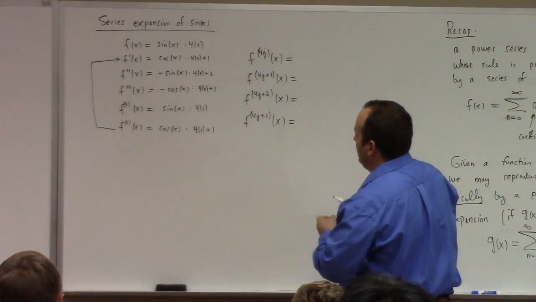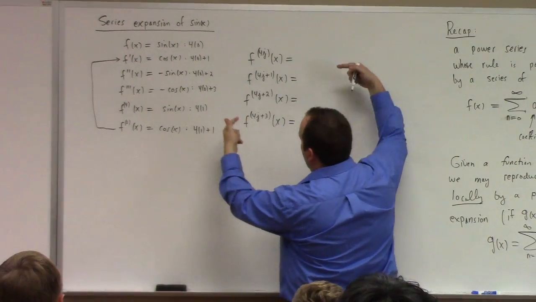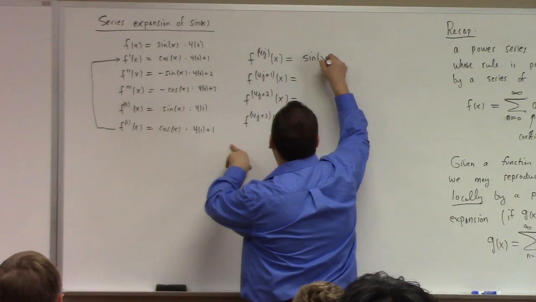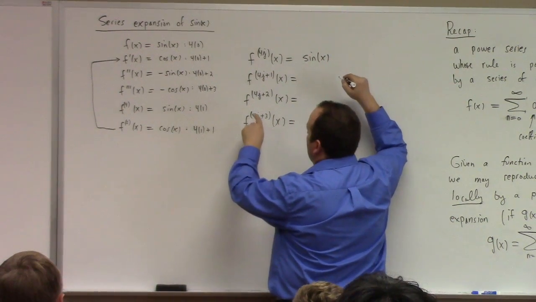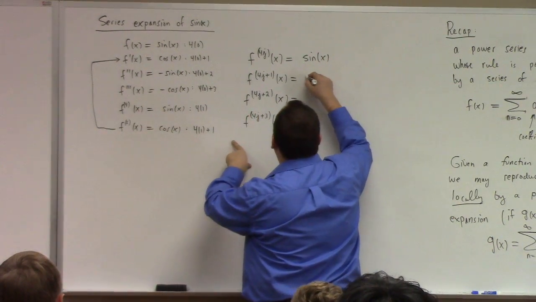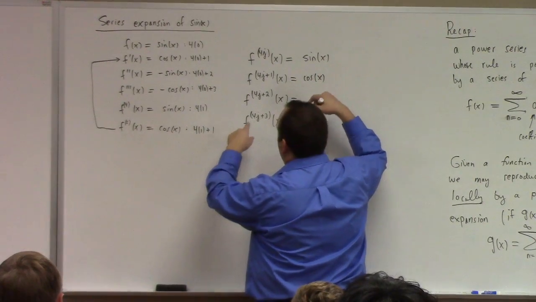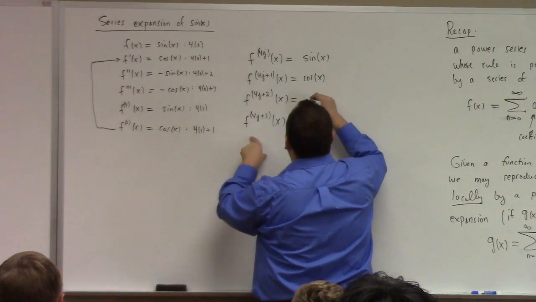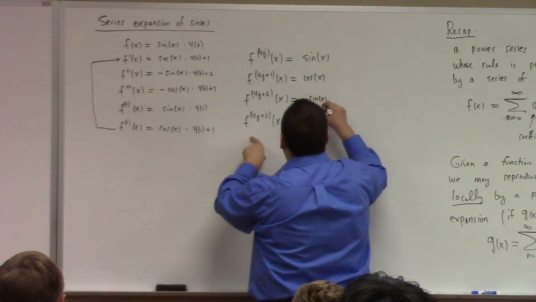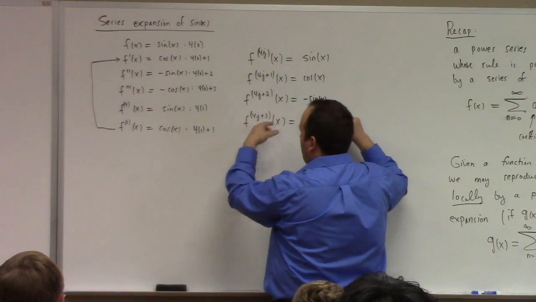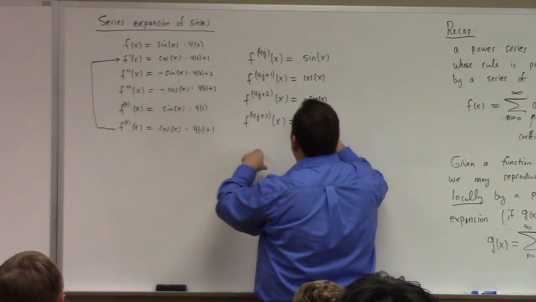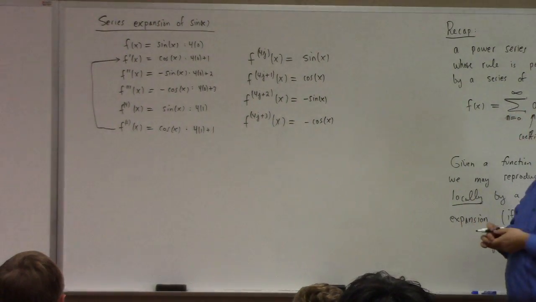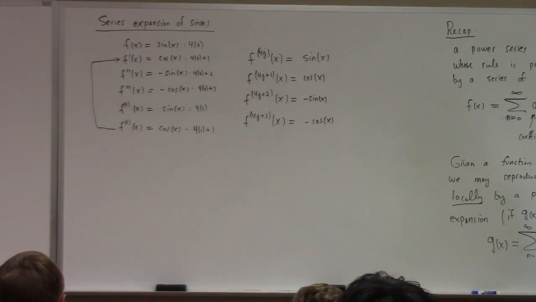So what I'm trying to get at here is the 0th term and the 4th derivative term, those are just sine x, right? Whereas the 4j plus 1 is cosine. The 4j plus 2th is minus sine. The 4j plus third is what? Minus cosine again. Those are all your derivatives.